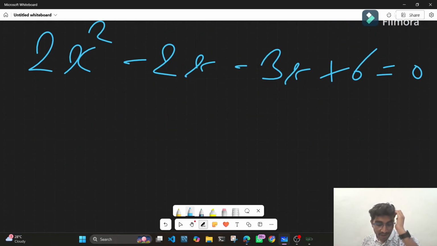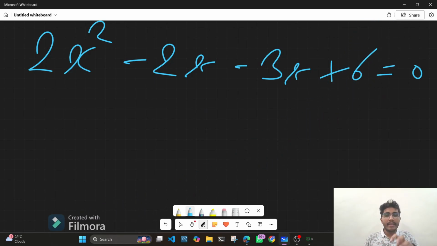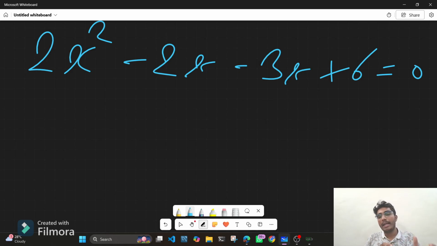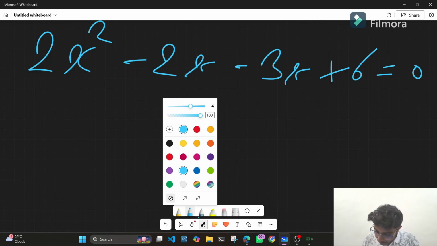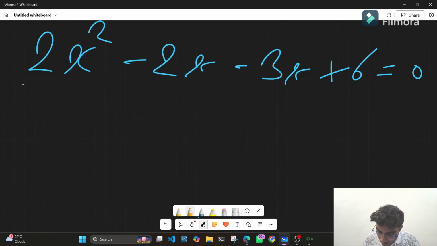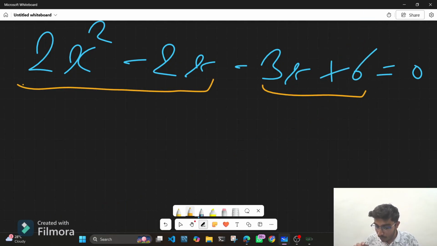Now, as we have split the middle term, we are going to take some of the numbers common, and then we'll solve further. I'll just change the color of my pen. I'll take it yellow, orange. Now we are going to take some terms common from both terms.